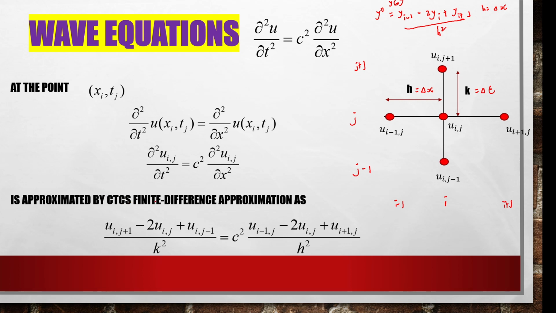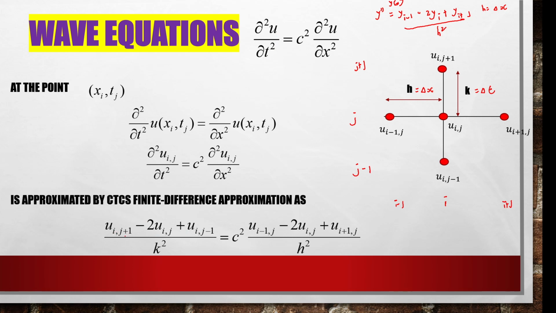Then we obtain the finite approximation for del 2u del t2. If you look at the numerator, it will be uij plus 1 minus 2uij plus uij minus 1, divided by k squared.